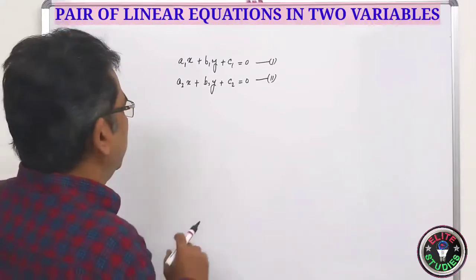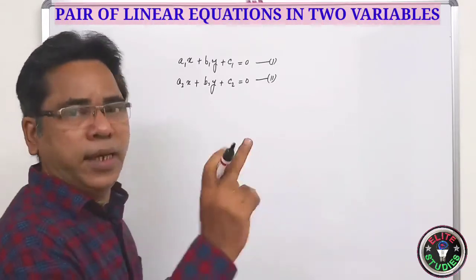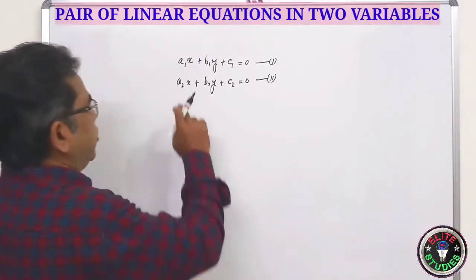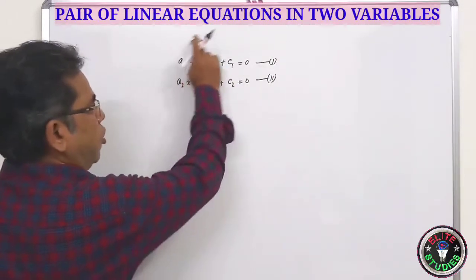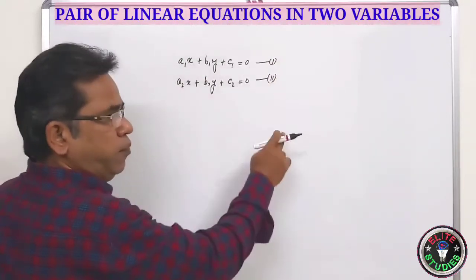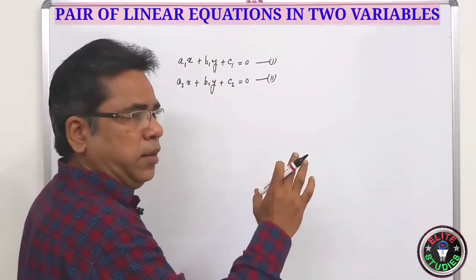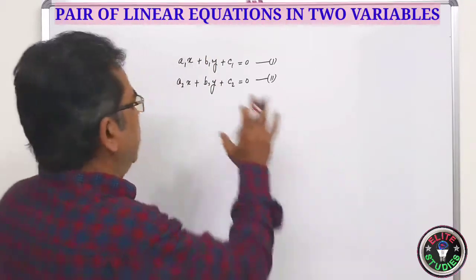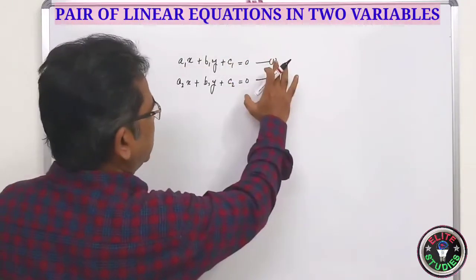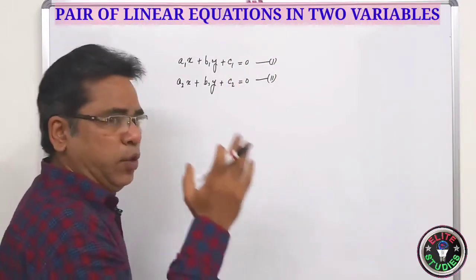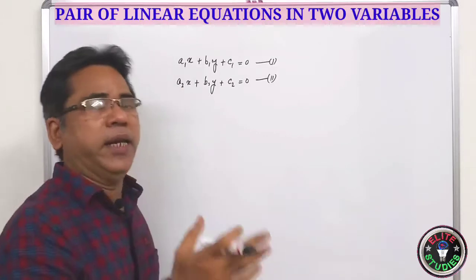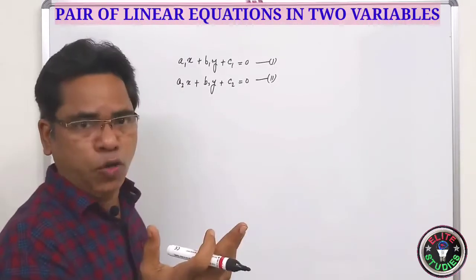Have a look. As I have told you in the earlier classes, without drawing the graph of these two given equations, we can predict whether these two equations will have a unique solution, infinitely many solutions, or no solutions.